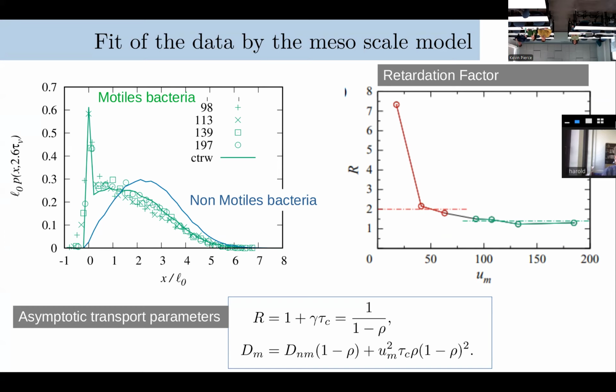So that's on the right. And you see at low flow rate, you have a strong retardation. So the bacteria are mostly on the grains or inside the pores. And when you increase the flow rate, you have less and less bacteria inside the pores, and they are more and more inside the flow. Okay.